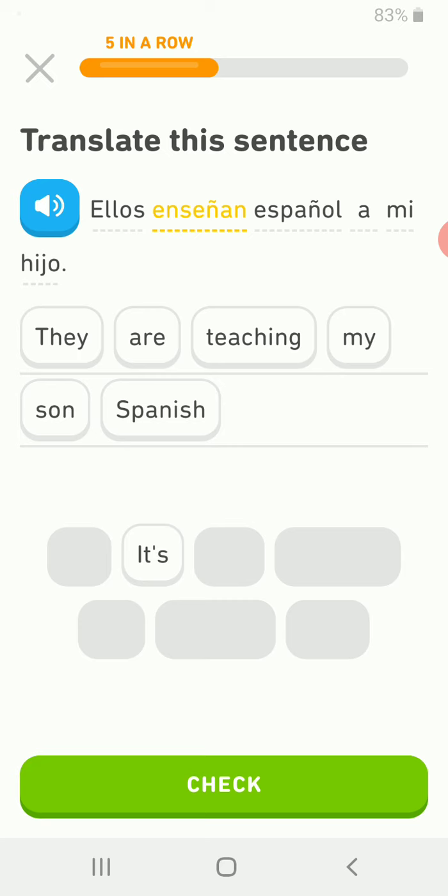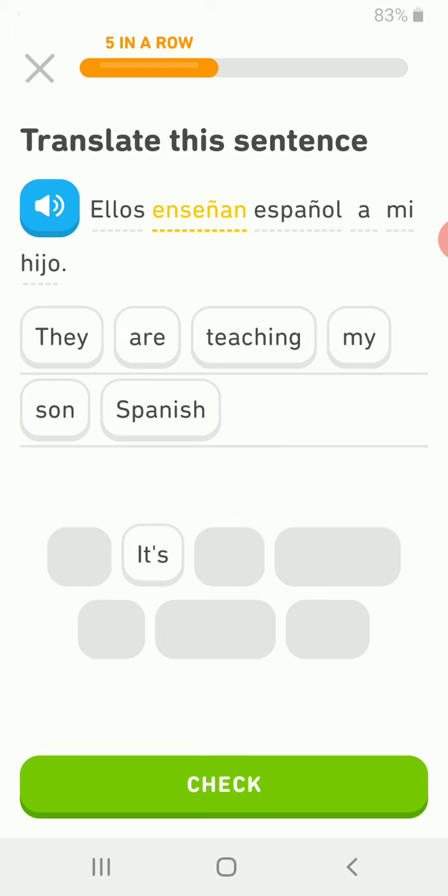I was thinking they are teaching Spanish to my son. Can you teach me Spanish? I think that's not a correct sentence. Can you teach to him? You don't say this. You say can you teach him? You don't say can you teach to him? But here we say to him.